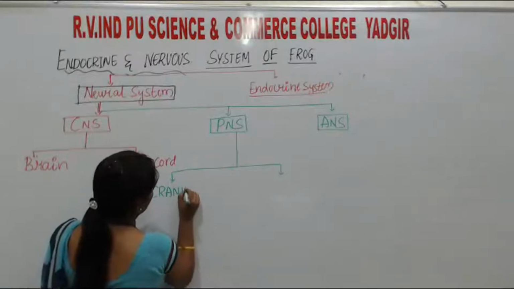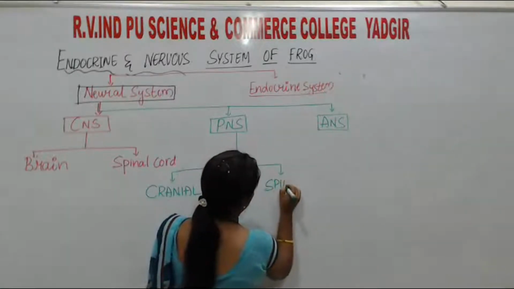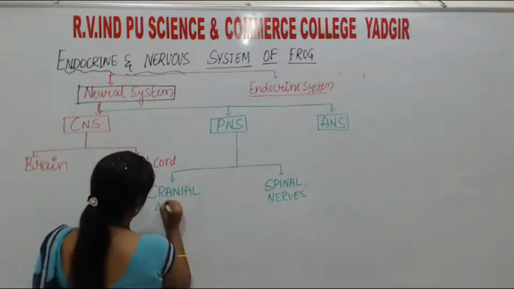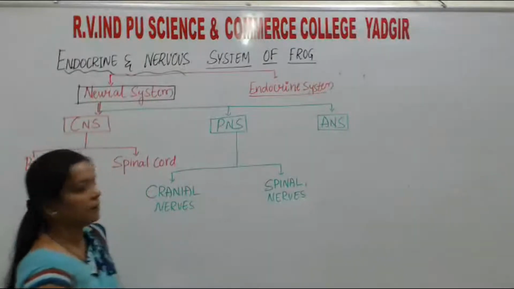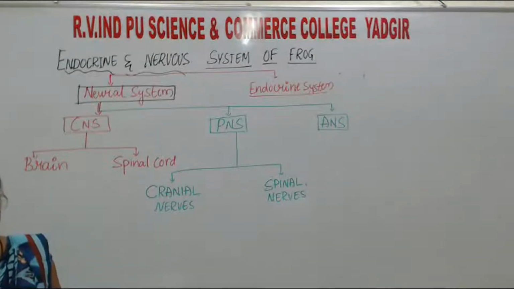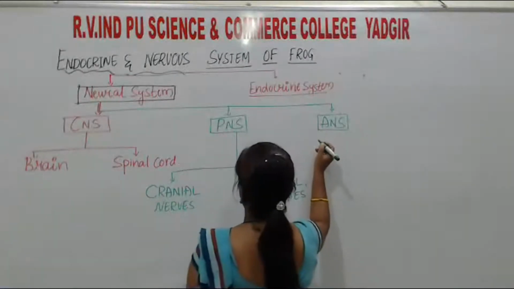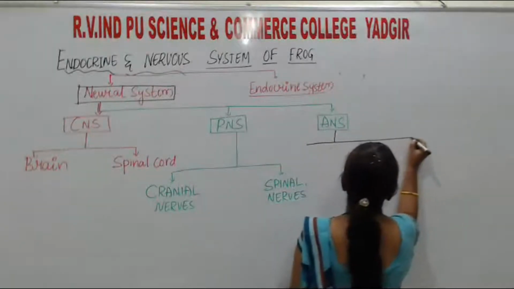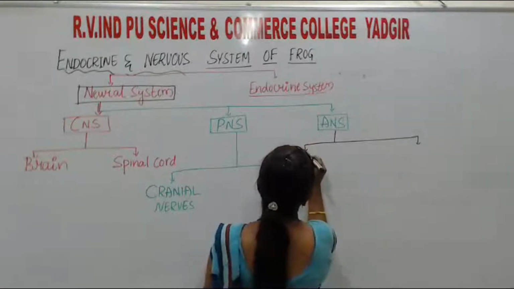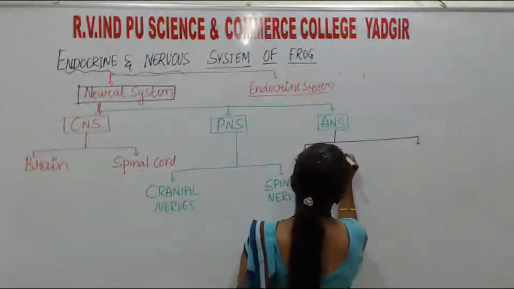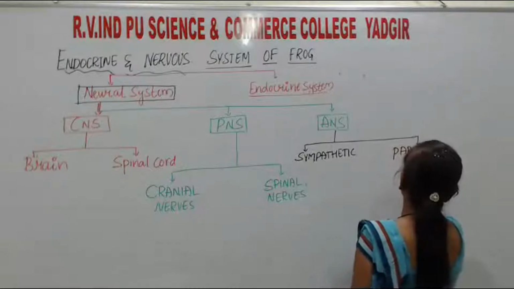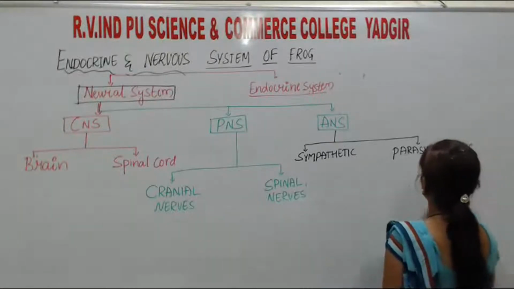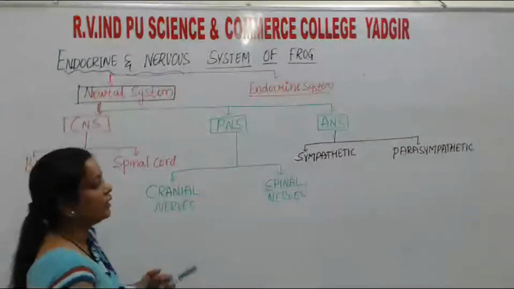Next is the ANS, the autonomic nervous system, which is sympathetic as well as parasympathetic.